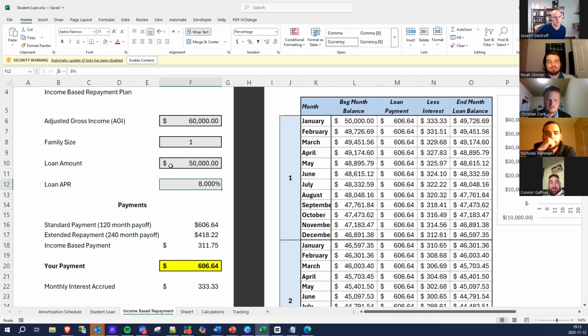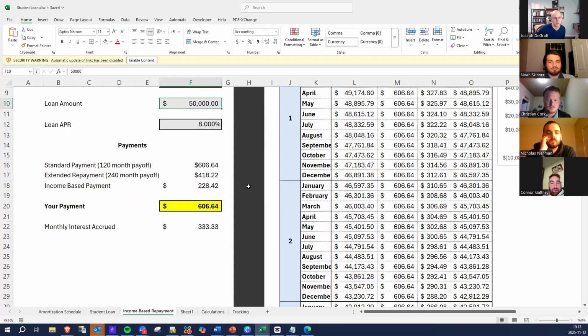And so what they do is they'll take your loan and they take your AGI, so your adjusted gross income. So remember, your gross income less any retirement contributions or health insurance. They're going to see what your family size is, and then they're going to make a loan payment based upon just what your AGI is. Okay. So it doesn't even really matter how much you owe on it, basically.